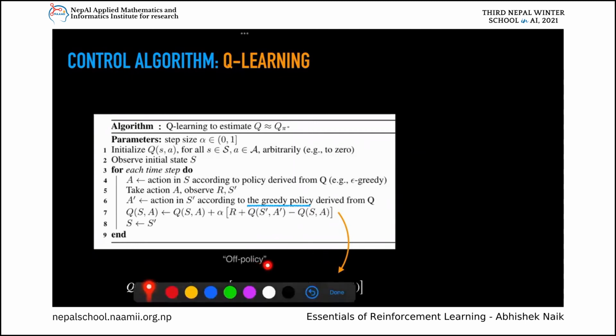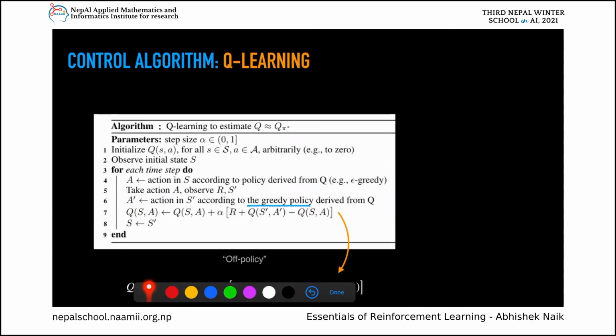And so this is the off-policy algorithm. What does this mean? There was one policy with which we picked the first action, but the second policy was different. It was always the greedy policy, not an exploratory policy like this one. So this is off.